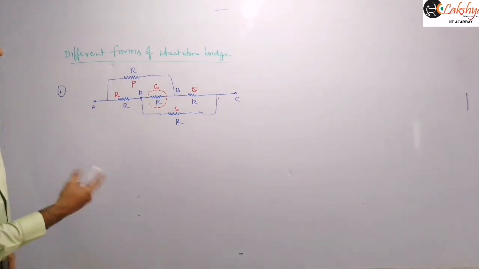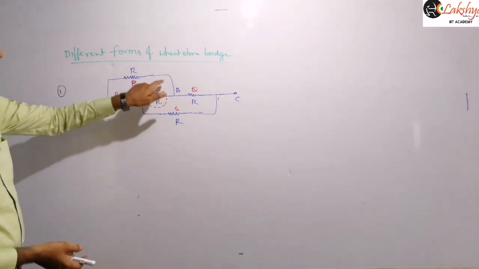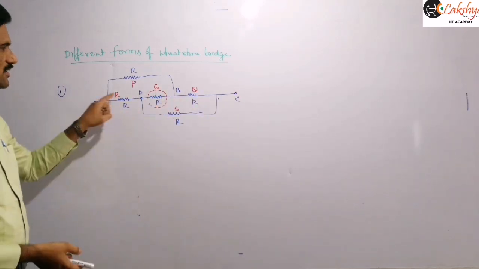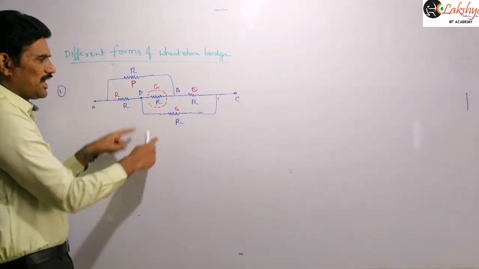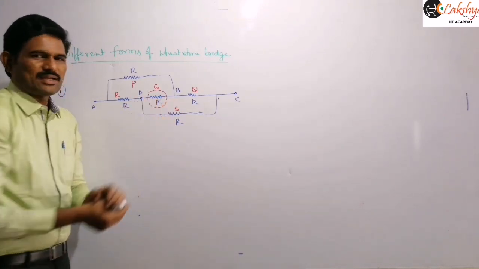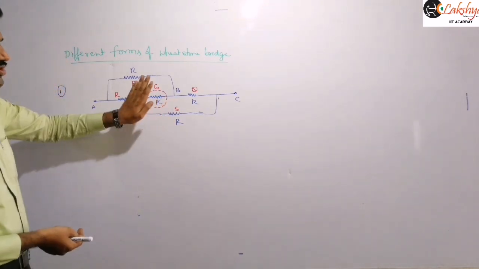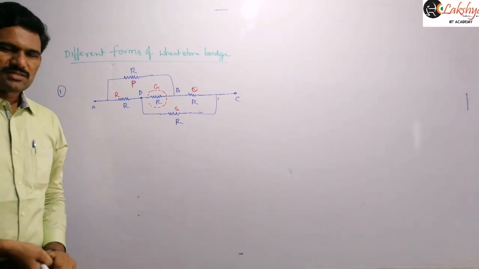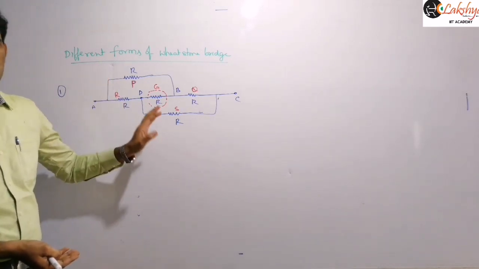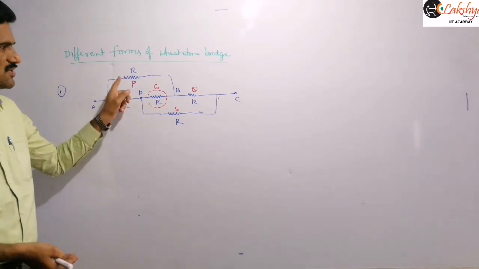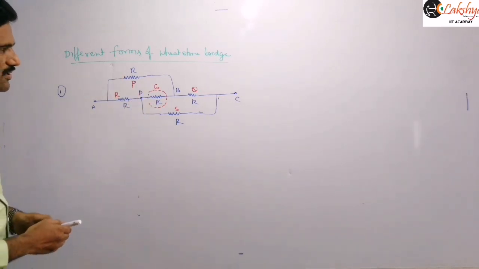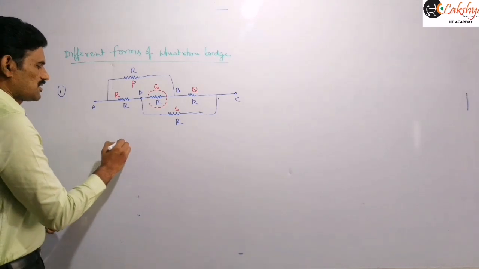Now if this resistance is not there, then simply observe this. Current will flow directly here and this will flow directly here. Between 2 junctions we are connecting the battery, and between the 2 other junctions we need to connect the galvanometer here. So this is the position of the galvanometer, right? So now it is a balanced Wheatstone bridge. Got it? This is a balanced Wheatstone bridge because P by Q is equal to R by S. This condition is satisfied here.